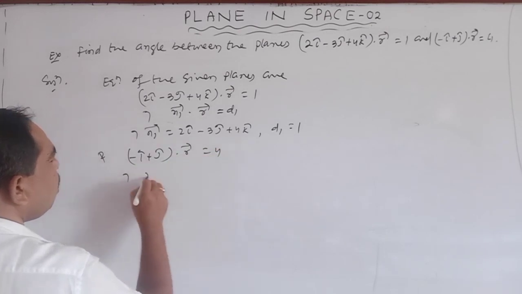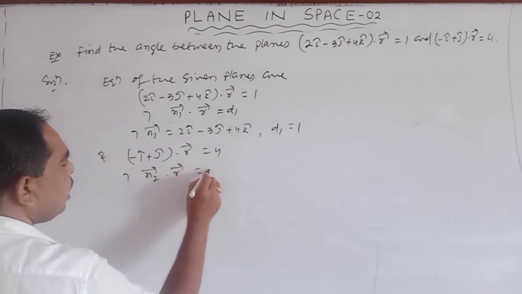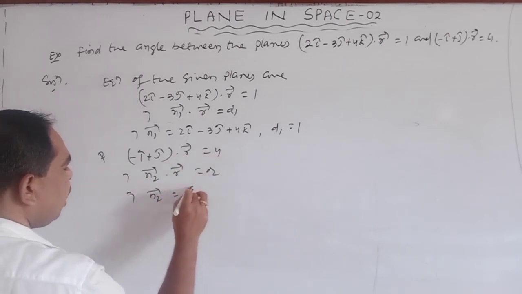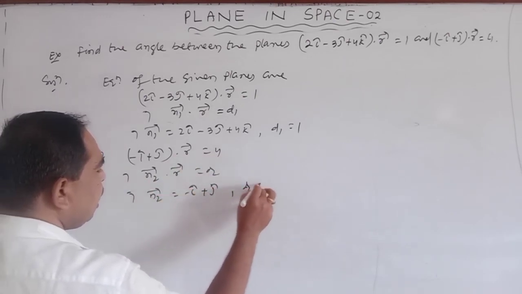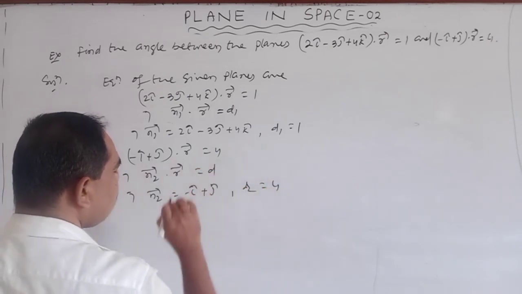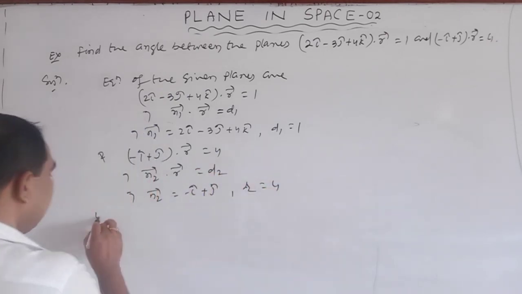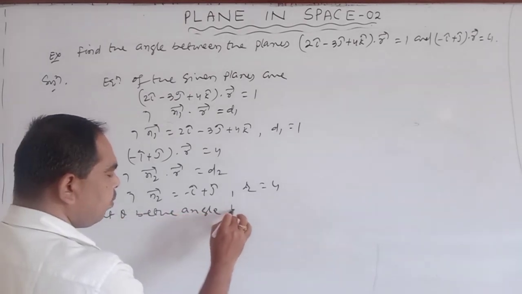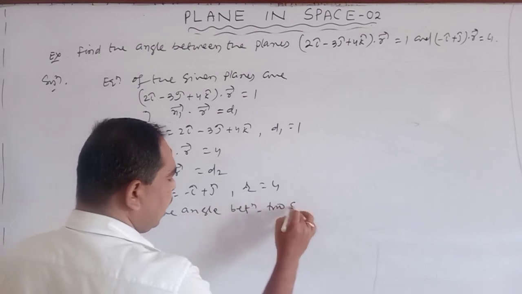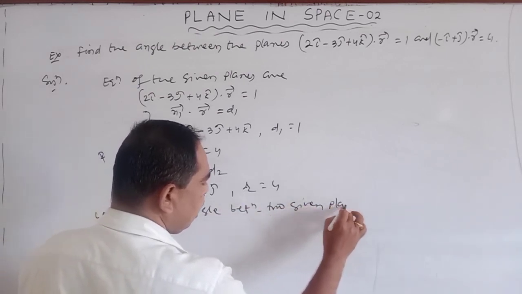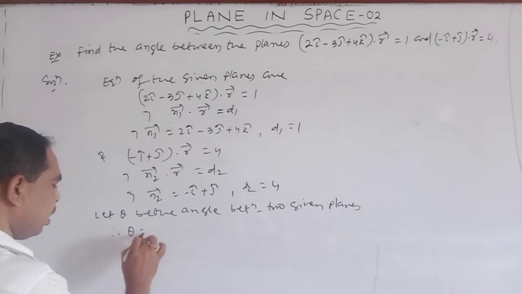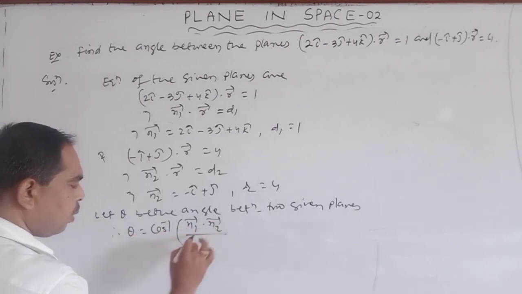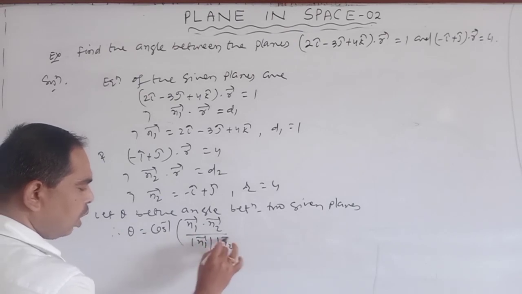So n2 vector dot r is equal to d2. So n2 vector is equal to minus i plus j, d2 is equal to 4. Okay, let theta be the angle between two given planes. Therefore theta is equal to cos inverse n1 vector dot n2 vector by mod of n1 into mod of n2.